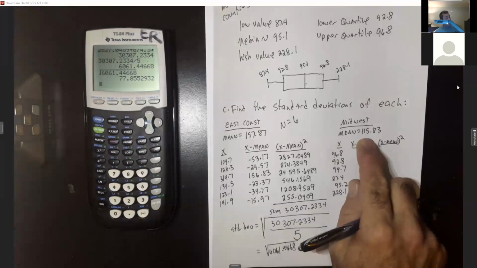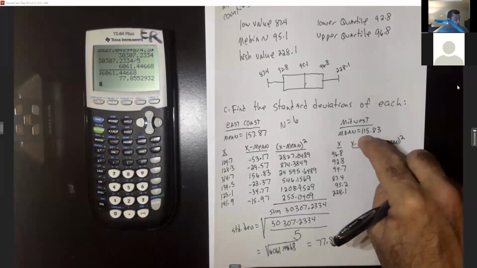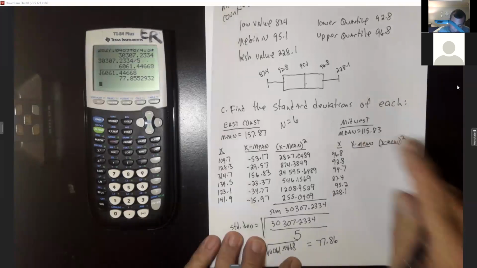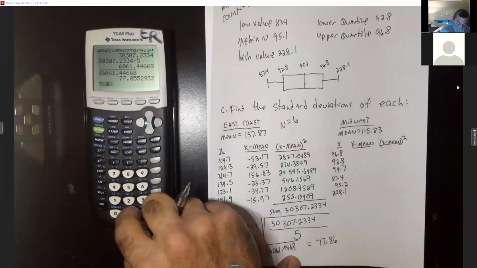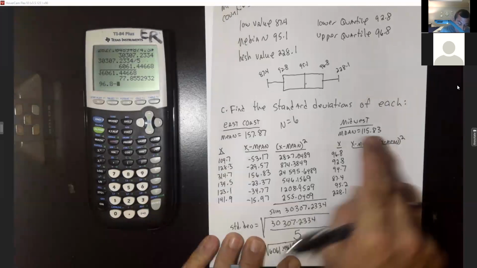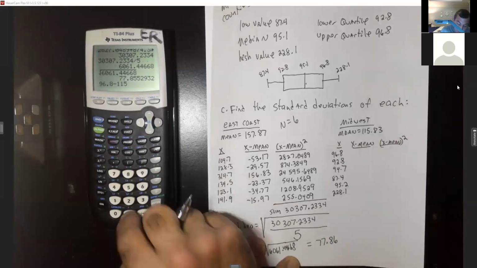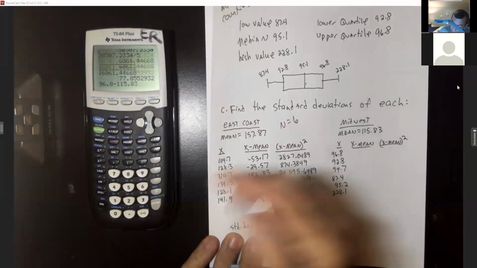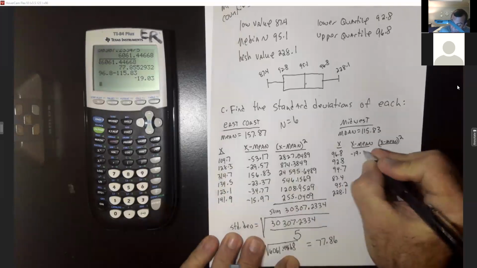So first we take this and subtract 115.83, since that was the mean of this second data set. So 96.8 minus 115.83 is going to give me a negative 19.03.